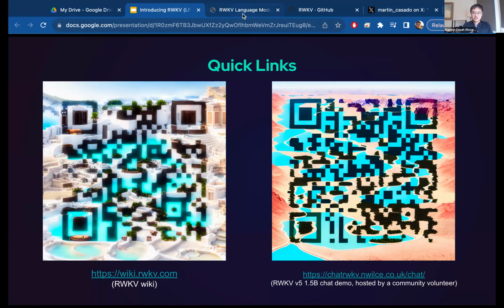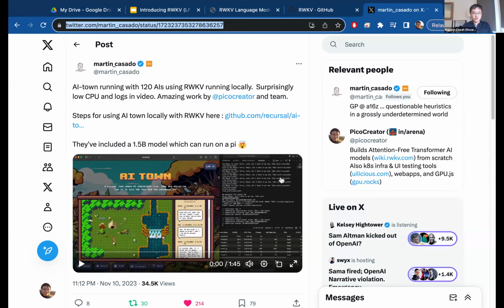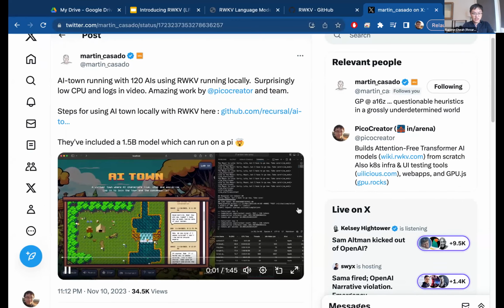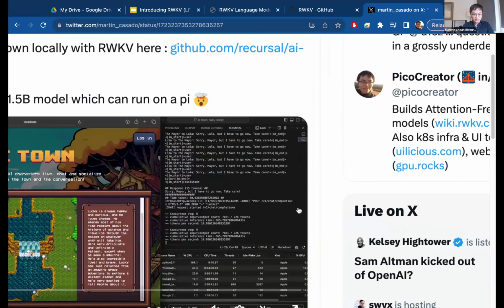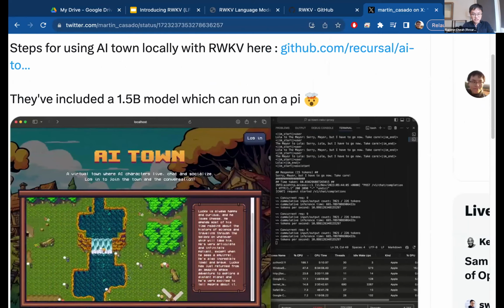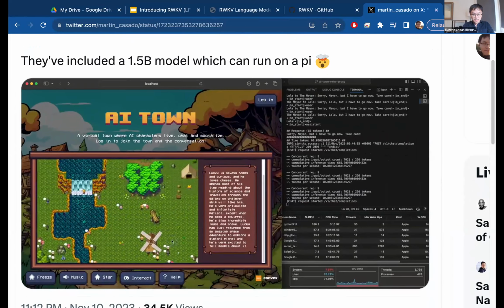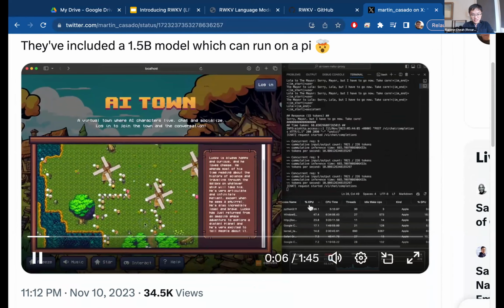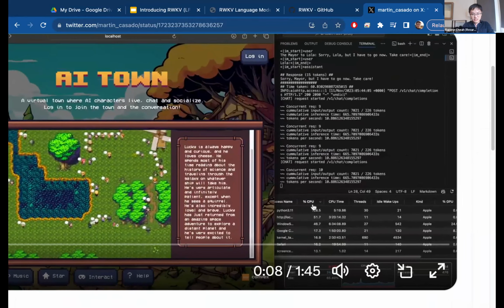And to highlight what we meant by efficient, very recently we worked together with A16Z AI Cloud, and we got RWKV running on a local MacBook, where you can see 120 agents running, chatting to each other, and it's barely eating the CPU.